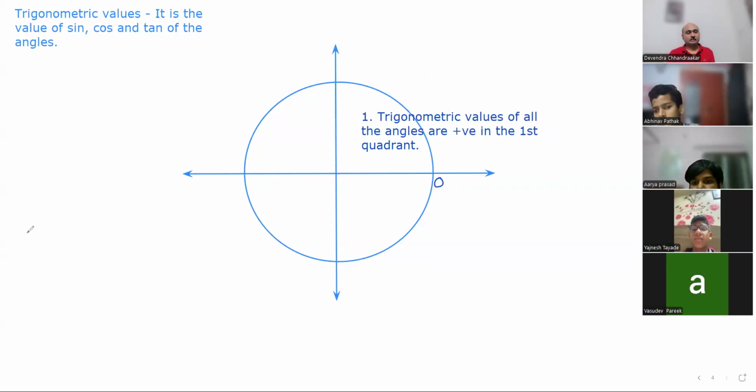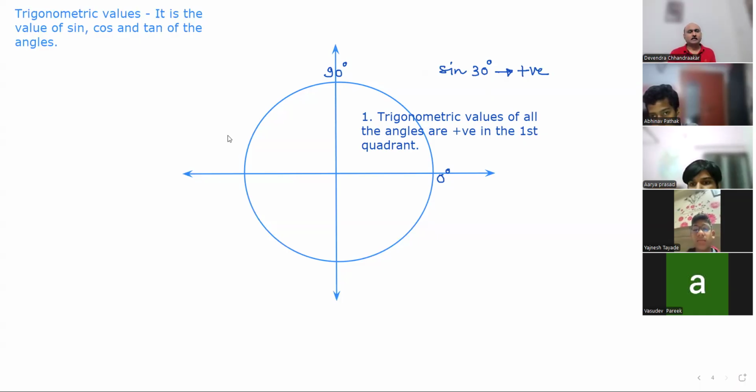Between 0 to 90 degrees, all the angles 1, 2, 3, 4, 1.5, 2.5, whatever angles are there. तो किसी भी एंगल का if you will find sine, cos or tan, for example sine 30, will it be positive or negative? Of course it will be positive because this is the rule.